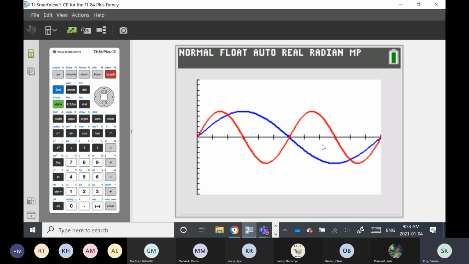So there was my original graph, and the period of this graph was 360 degrees. What happened with a b value of 2? My period now is half of that. So if I asked, what's the period of this graph? When does it start repeating itself again? It's going to be 180 degrees.